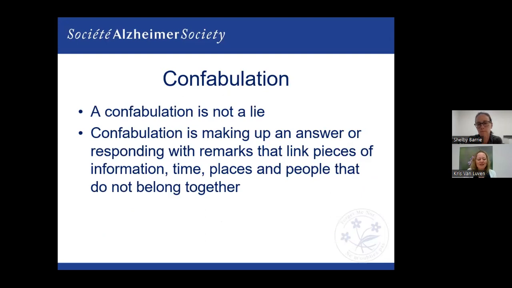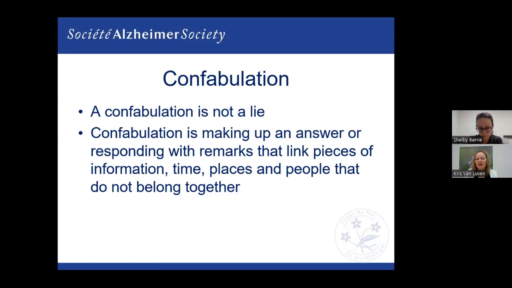All right, so we're going to switch gears a little bit from anosognosia and talk about confabulation. So perhaps the person with dementia in your life has started to make up answers to your questions that you know to be false. Is the person lying? The short answer here is no. It's not lying, it's a confabulation.